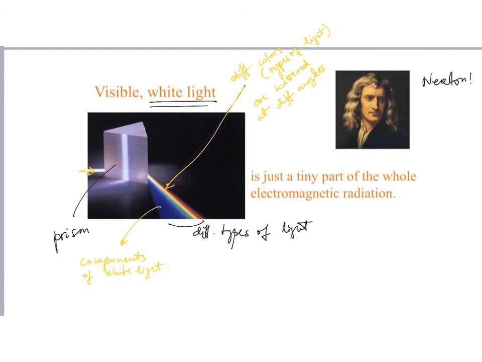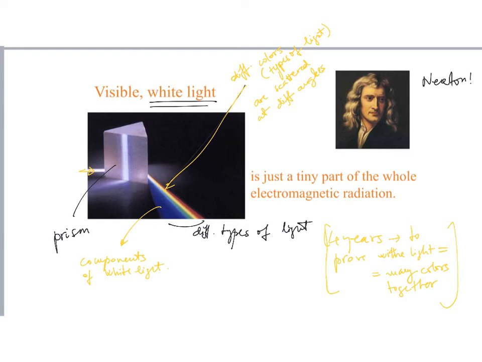And so Newton thought about this idea a lot actually, and it took him about 4 years at least to prove that white light is made of many colors together, and that it's not the prism that adds the color.